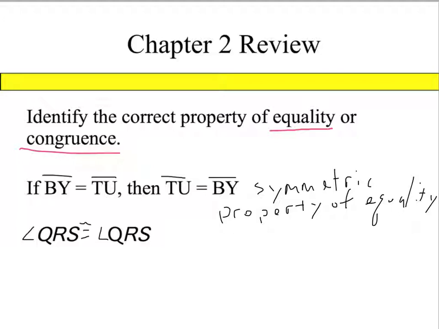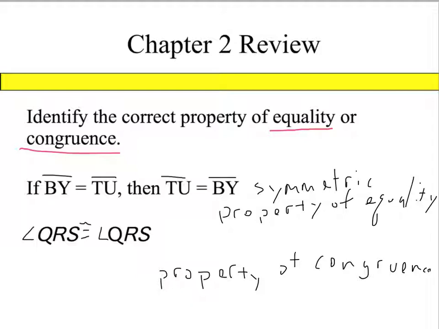Awesome. So now we're left with that second one. Well, we know that it's got the congruent symbol, so we automatically know one piece of information. It's going to be a property of congruence because it's got that congruent symbol. Now we need to figure out which one.